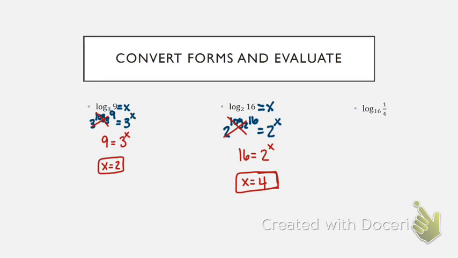Last but not least, I have log base 16 of 1/4. So we're just going to put that equal to x. The base of the log is 16. So the base of the exponent for both sides is going to be 16. And this is about as tricky as I can get.